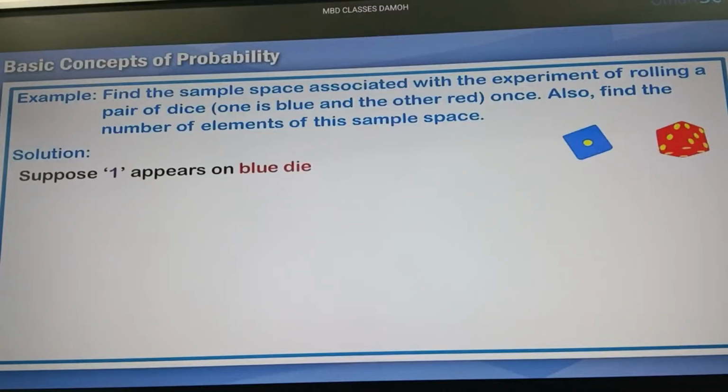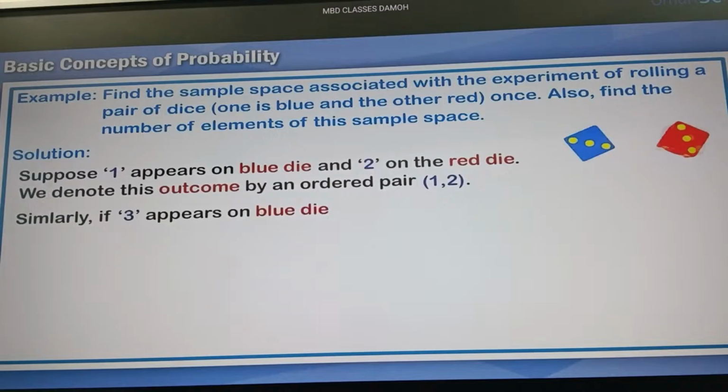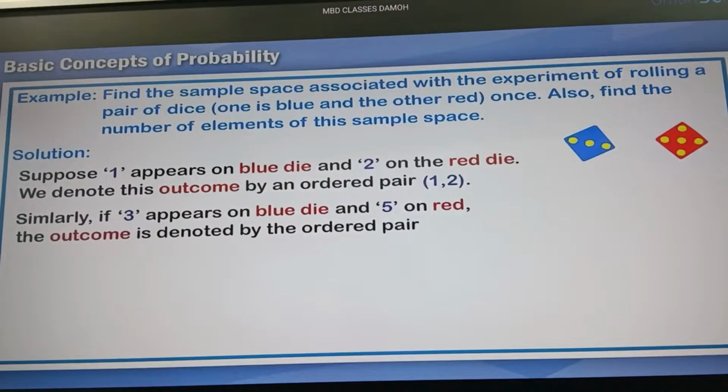Suppose 1 appears on the blue die and 2 on the red die. We denote this outcome by an ordered pair (1, 2). Similarly, if 3 appears on the blue die and 5 on the red, the outcome is denoted by the ordered pair (3, 5).